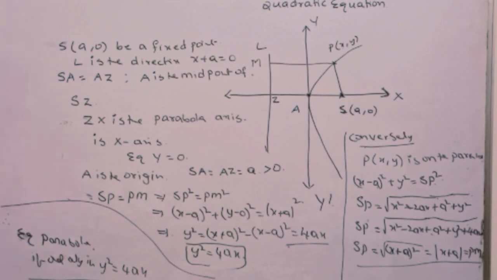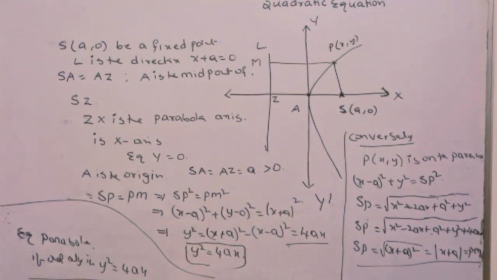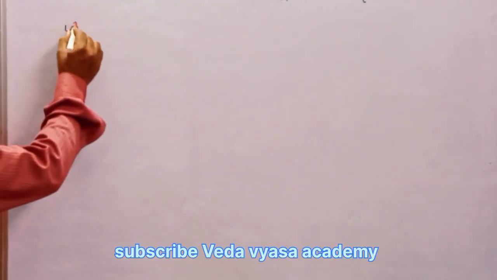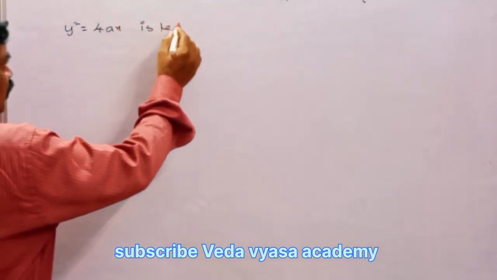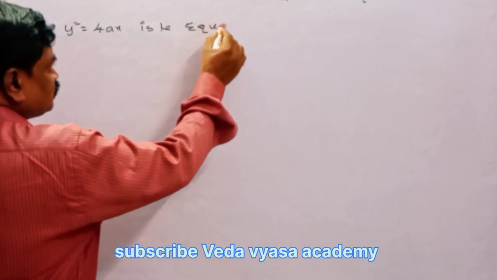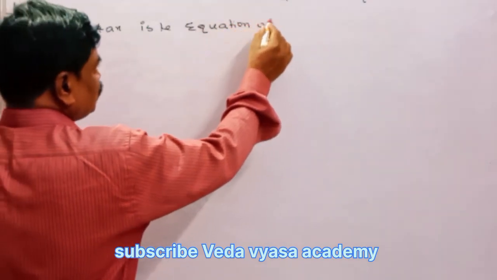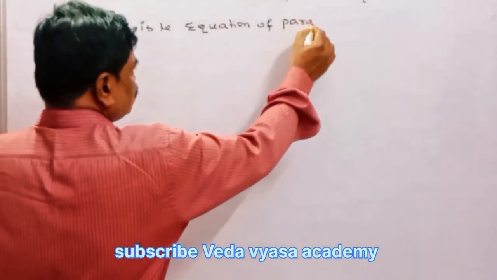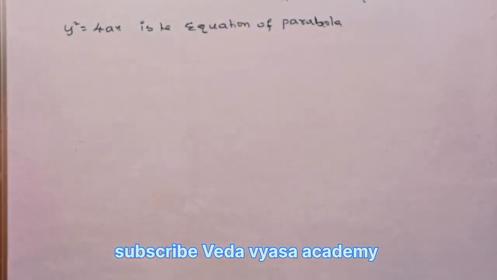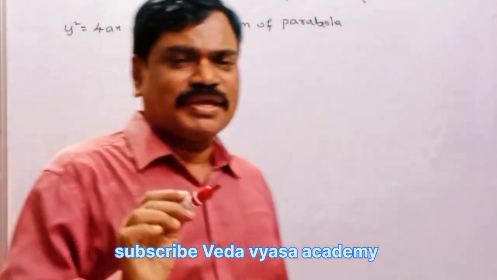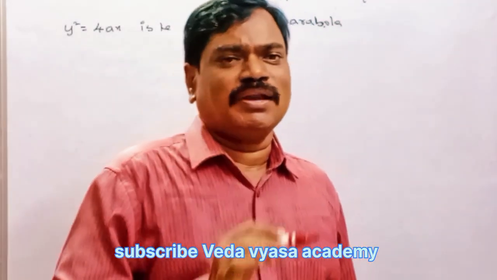So this is the equation of the parabola. That's all. y square is equal to 4ax is the equation of the parabola.